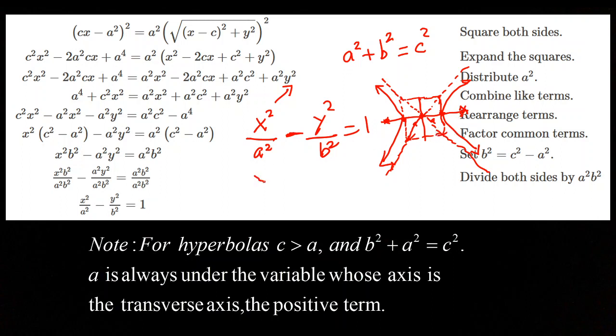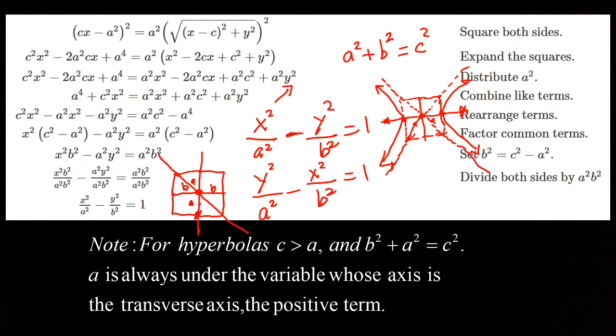Now, if it is vertical, then we write the y squared over a squared first, minus x squared over b squared equals 1. That tells us that this thing is vertical and the center is at 0, 0. This is a units this way, and this is going to be b units this way, in the direction of x. And then we draw this rectangle, kind of like that, and then we draw the, what do we call it?